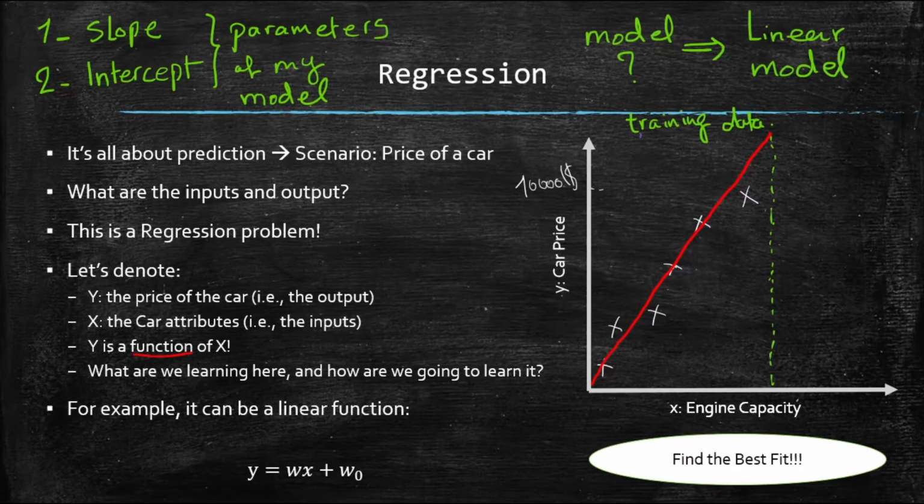So x is the engine capacity and y is the price. And we're trying to find the best slope, which is the w over here, this guy is the slope, and w0, which is the intercept.